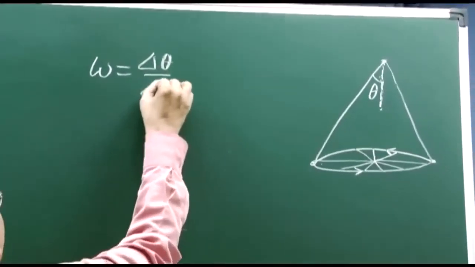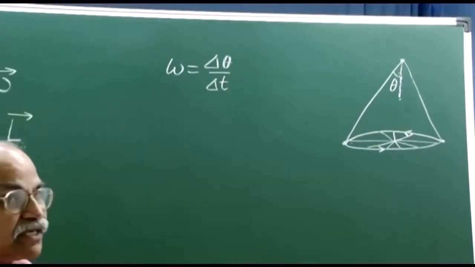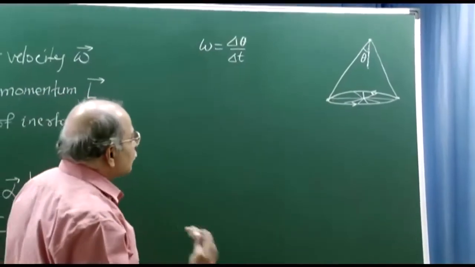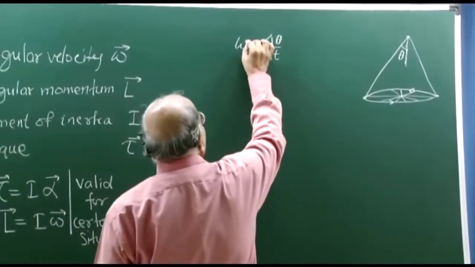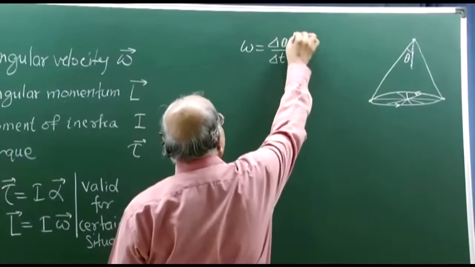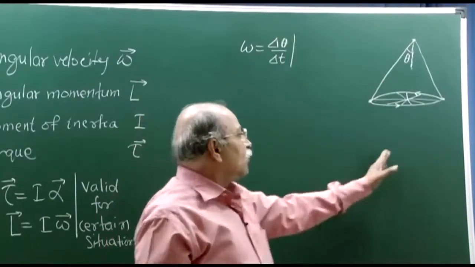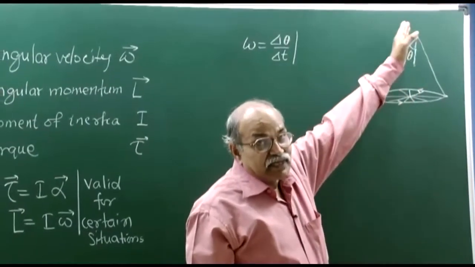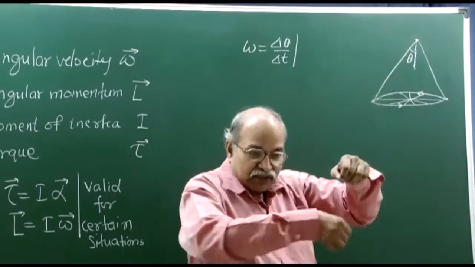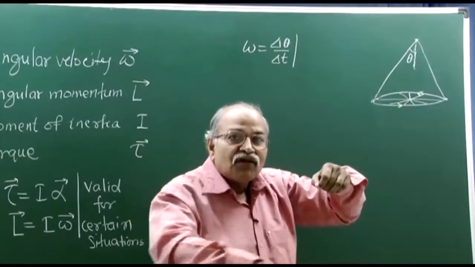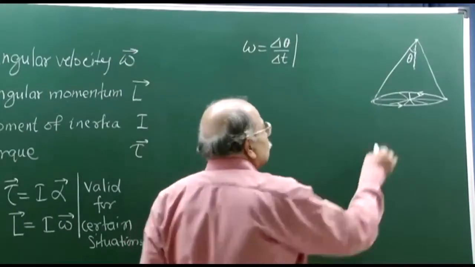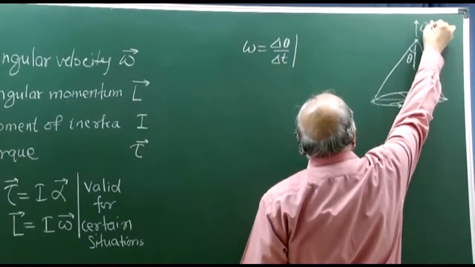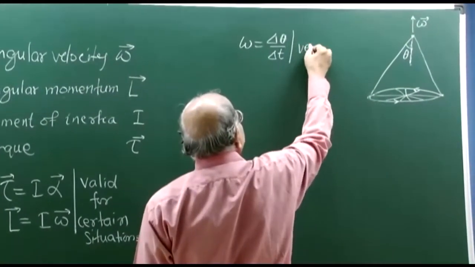And if I am maintaining this rotation at a constant rate, then this omega is constant, and its direction is along this axis of rotation, and in our case it is vertically upward because the ball is going in the anti-clockwise direction. So, this is the direction of omega, vertically upward.